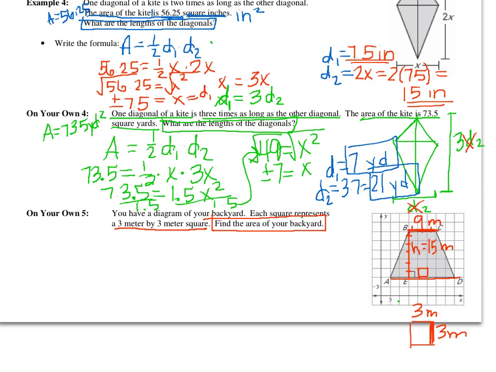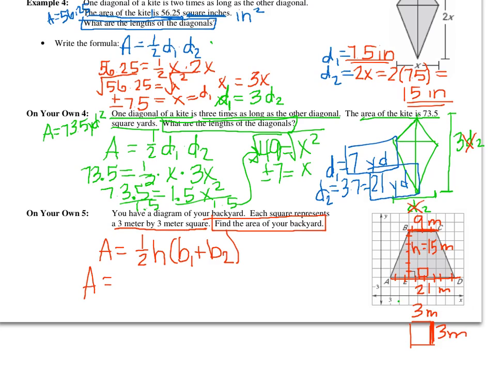Down here at the bottom, if I count this, I've got 1, 2, 3, 4, 5, 6, 7. 7 times 3 is going to be 21 meters. So I got all the lengths. Now I've got to think of my formula. And since this is a trapezoid, my formula is going to be area equals 1/2 my height times my base 1 plus my base 2.